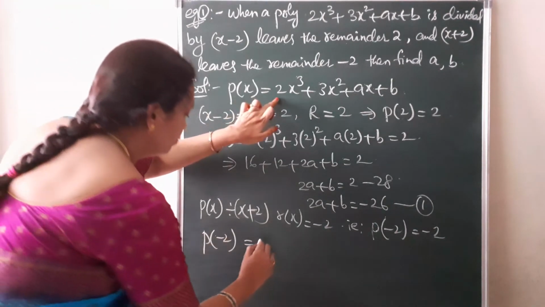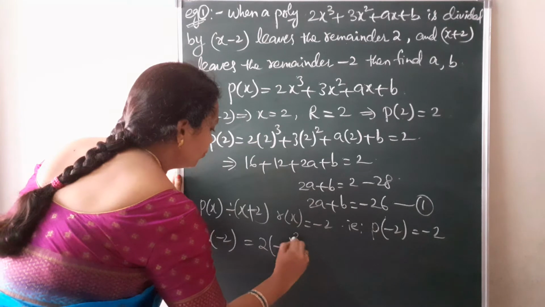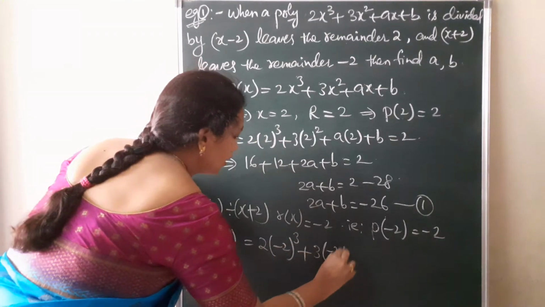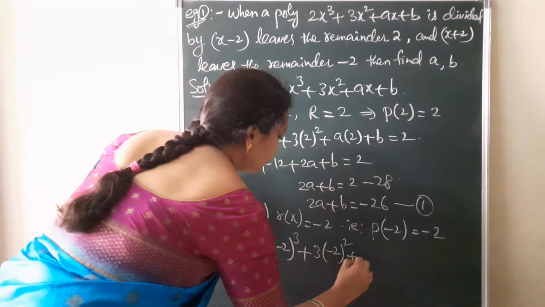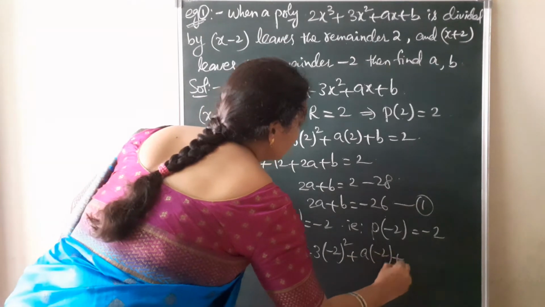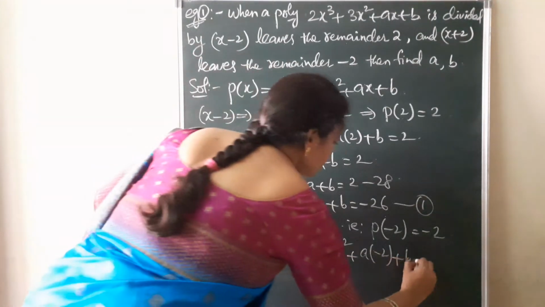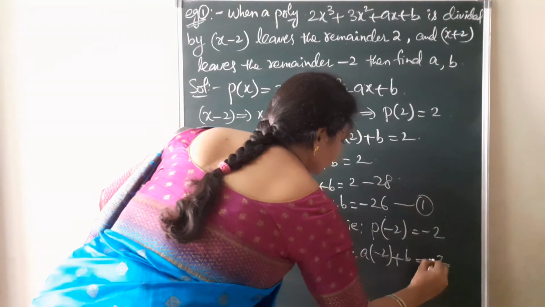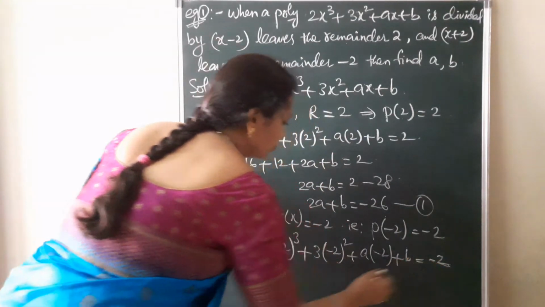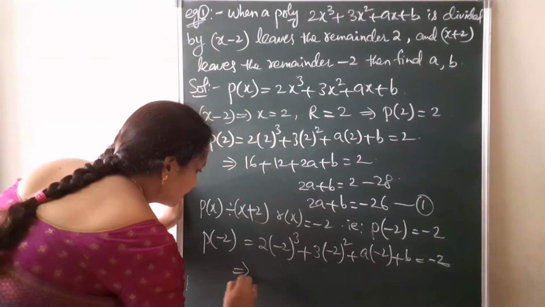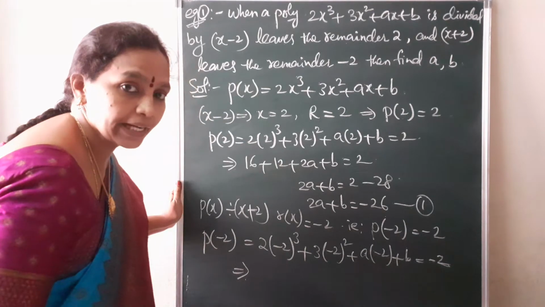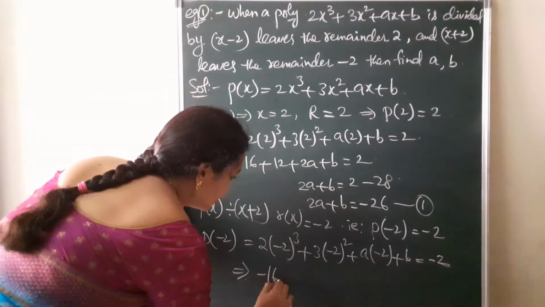So 2 of minus 2 whole cube plus 3 of minus 2 whole square plus a of minus 2 plus b is equal to minus 2. So that implies minus 2 whole cube is minus 8, 8 2s are minus 16.